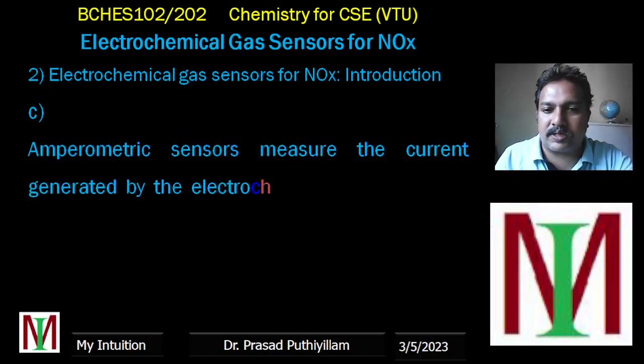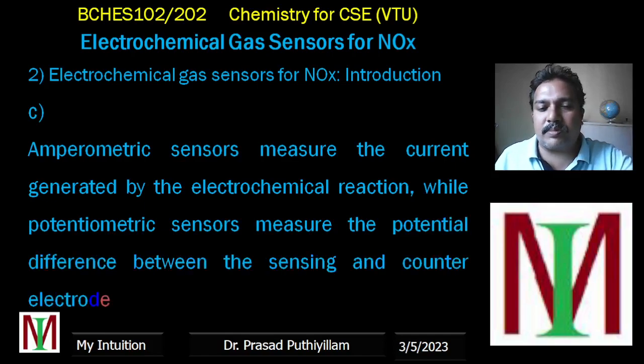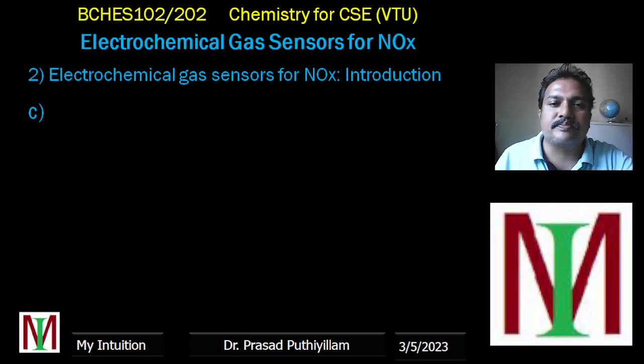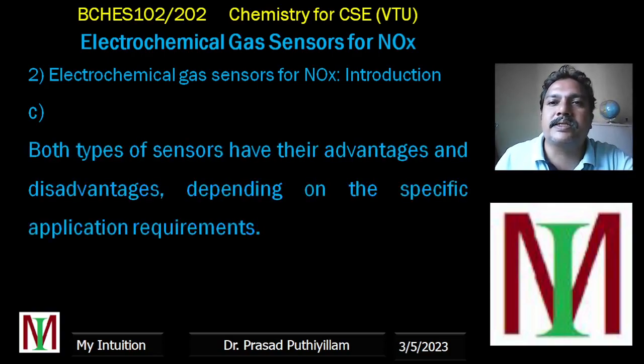Amperometric sensors measure the current generated by the electrochemical reaction, while potentiometric sensors measure the potential difference between the sensing and counter electrode. Both types of sensors have their advantages and disadvantages depending on the specific application requirements.